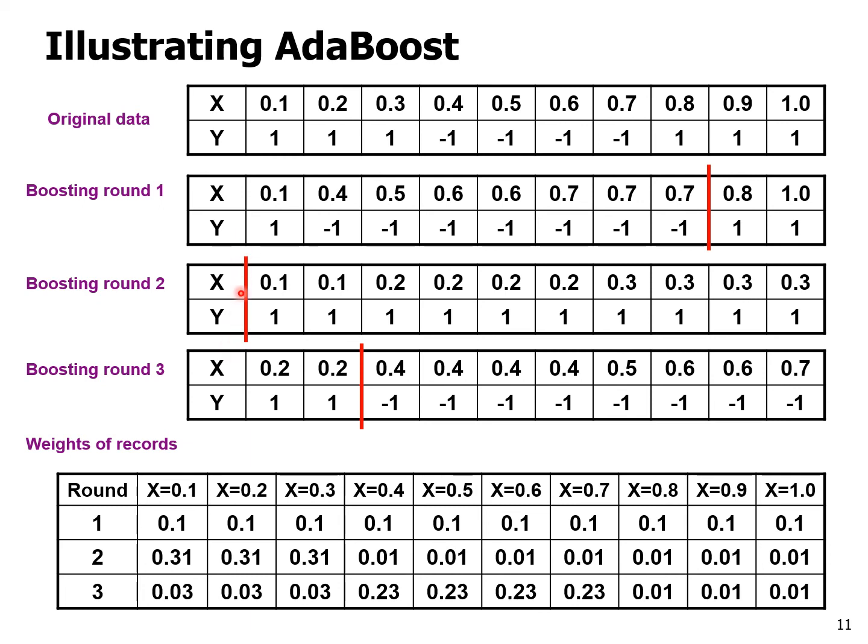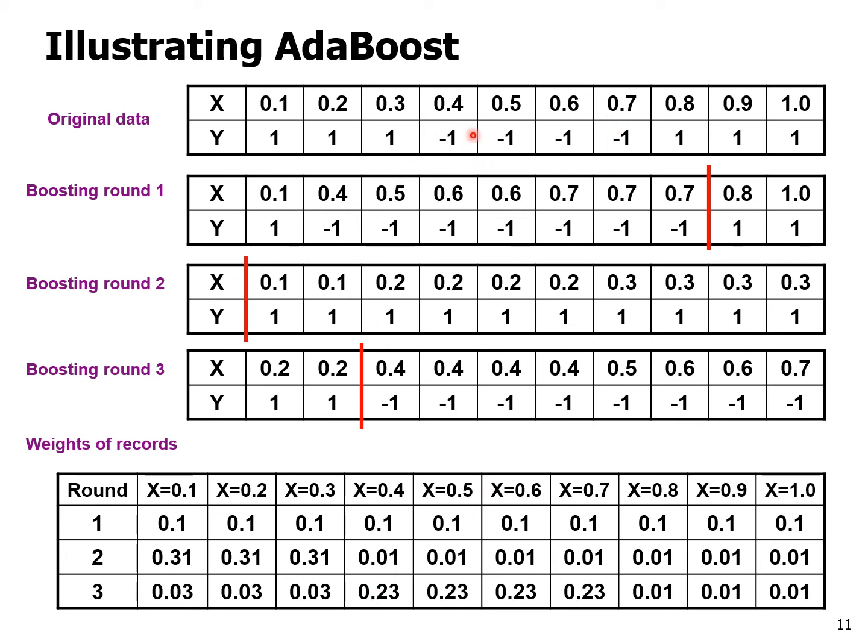That means for every x value, the y value is 1, right? So you apply this to the original data like here, and this decision stump says every y value is 1, and we have errors here, okay? These are errors by using this decision stump, right? So these 4 are errors.